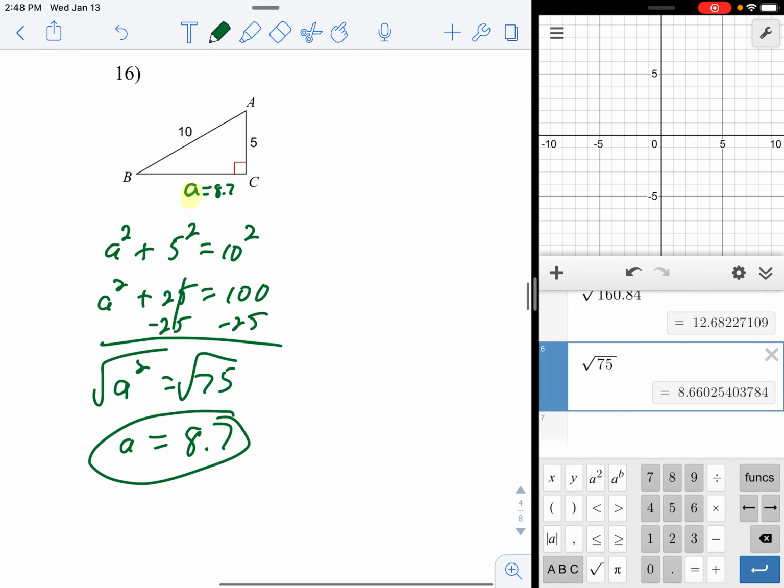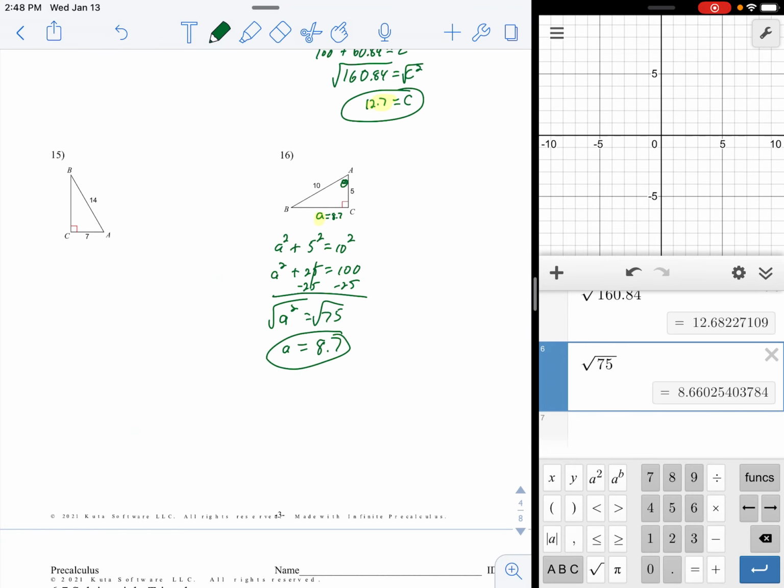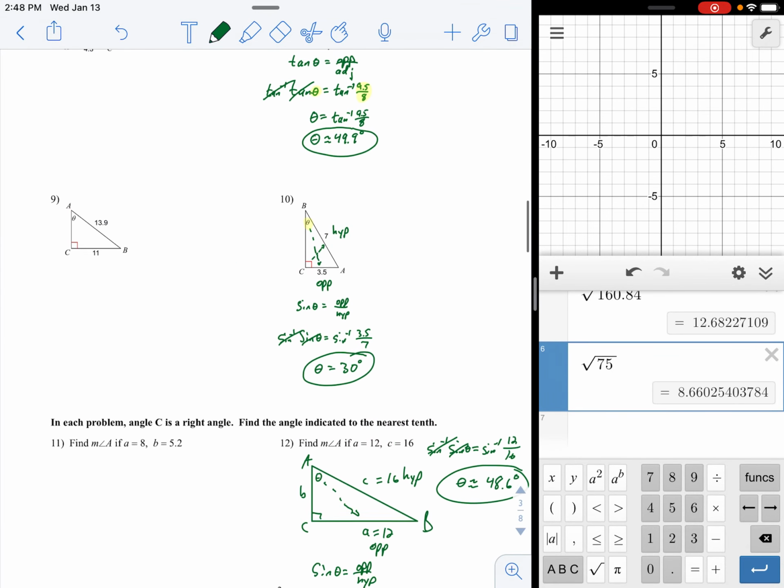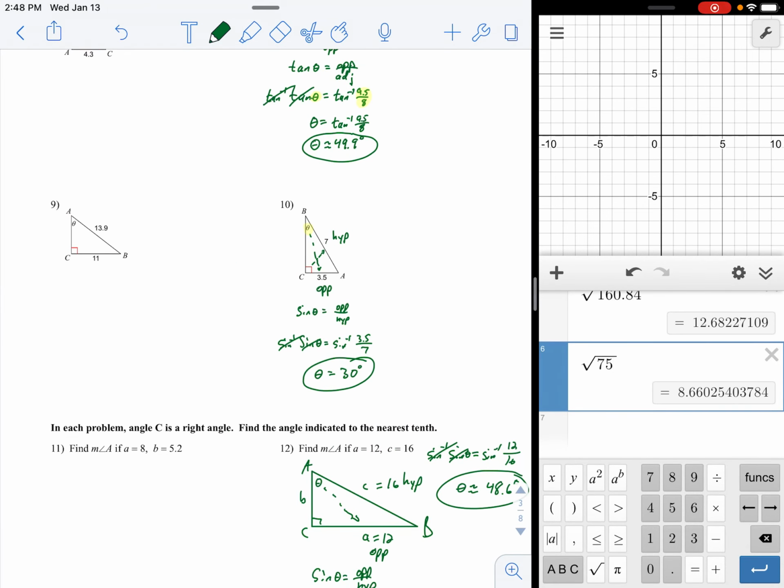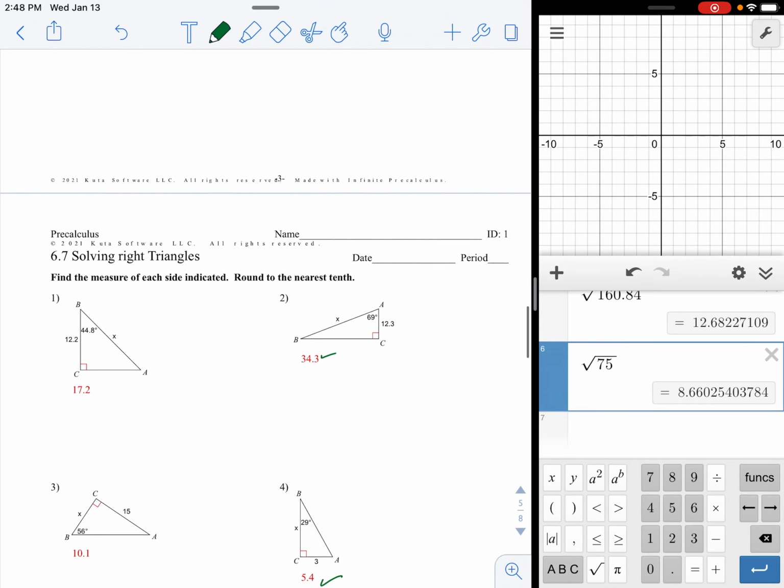Now we need to find an angle, and for this we do need to use trig. Let's say I want to find angle A first. A comes before B in the alphabet. Sure, why not? That's my theta. So how am I going to do this? Finding a missing angle is like one of these problems. We need to set up a trig formula, use inverse trig to solve it.